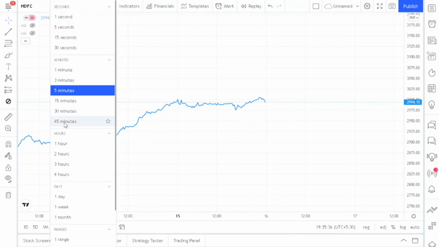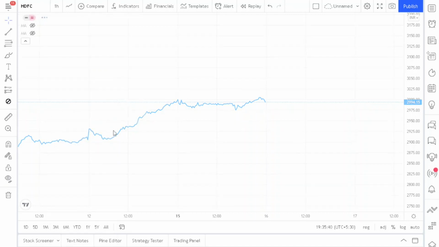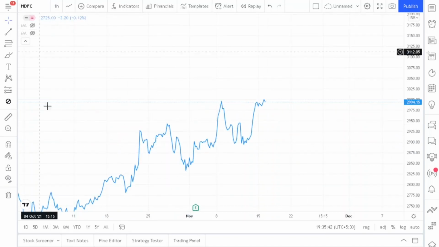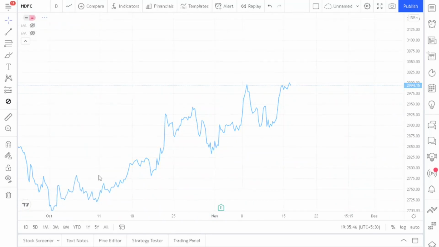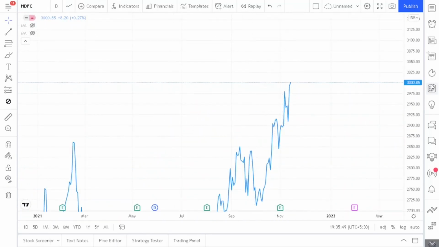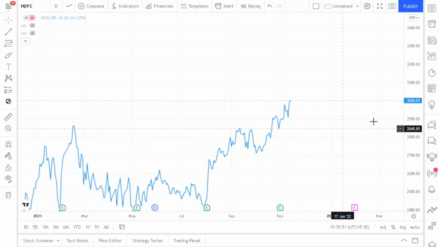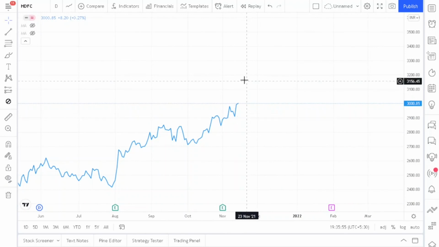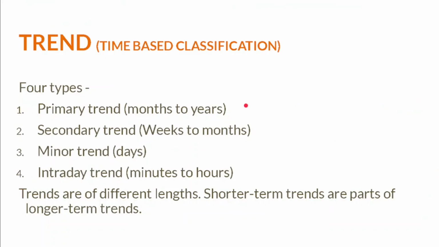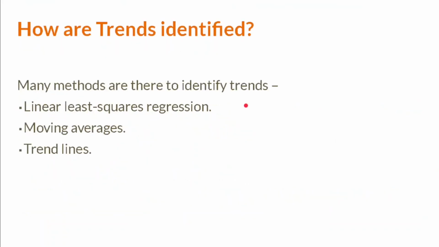Like these 5 minute data will be added up to the 1 hour chart, and that 1 hour data which is changing will be added up to the 1 day chart, right? So whenever a short term trend is happening, it will add to the long term trend as well, it will contribute to it. That's why we say short term trends are part of long term trends, right?